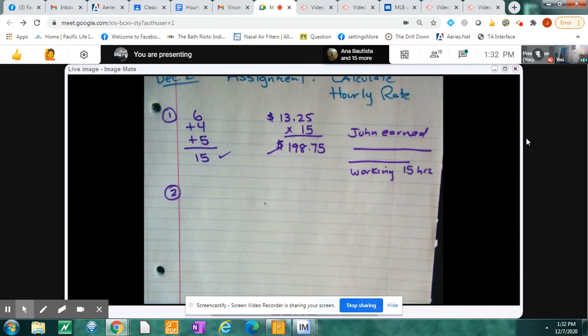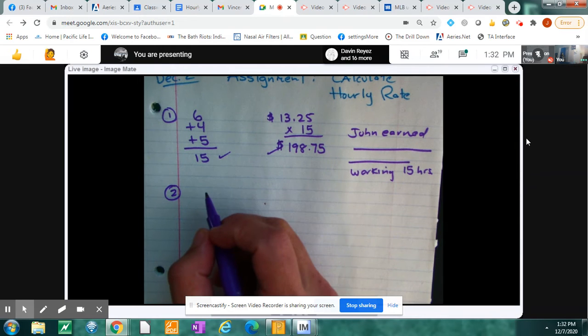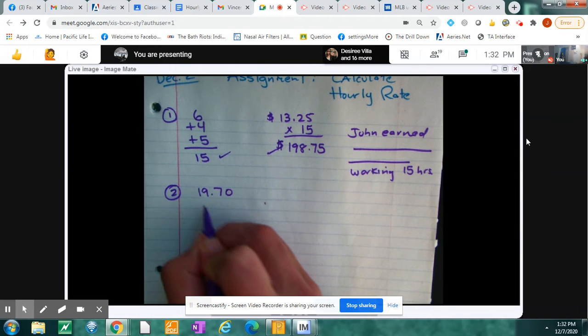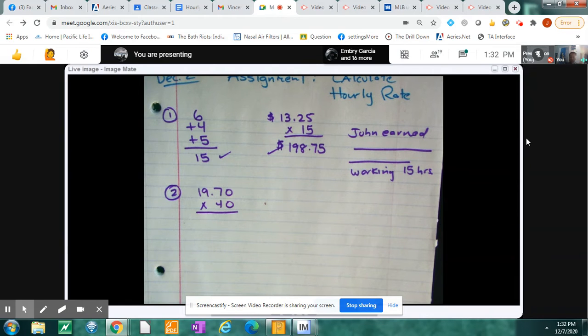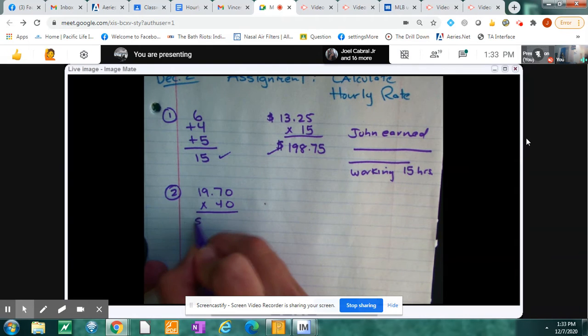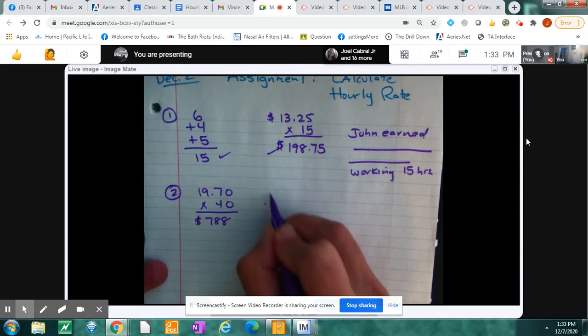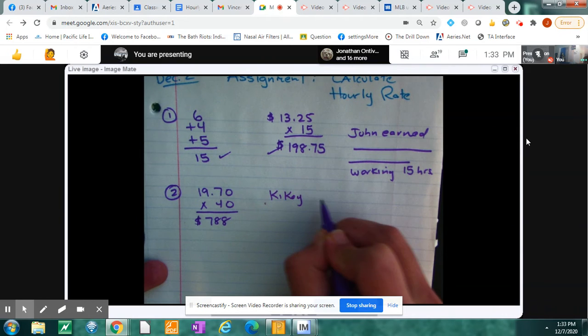So number two says, Kiki just got a raise at her job. She is now making $19.70 per hour. If she worked 40 hours, how much did she make? This one's easy: she made $19.70 and she worked 40 hours. So all you have to do is multiply using your calculator. $19.70 times 40 is $788.